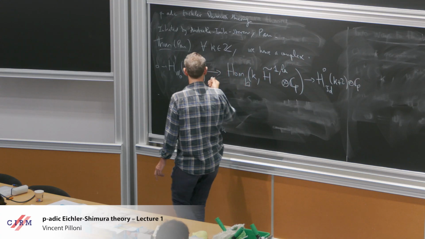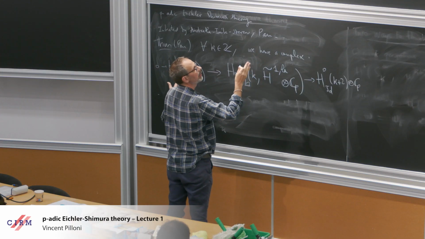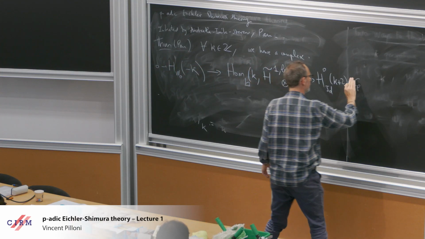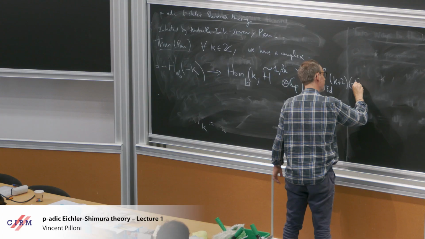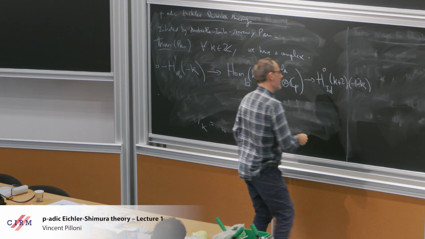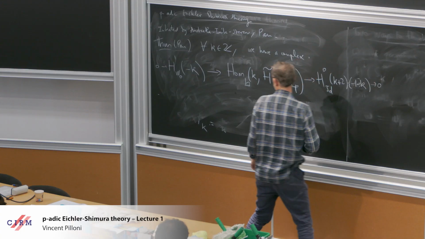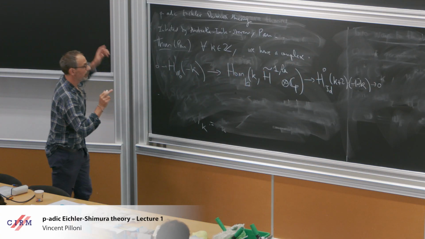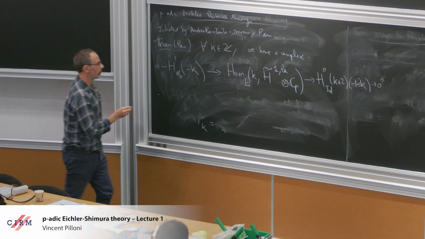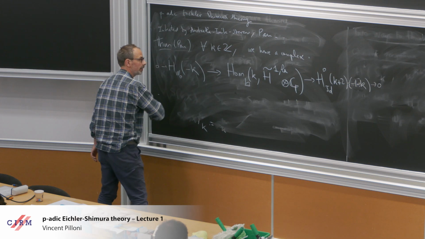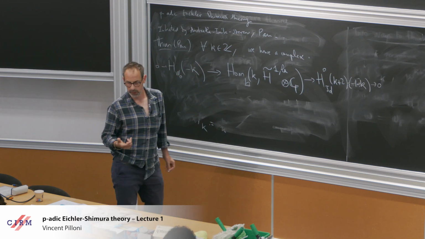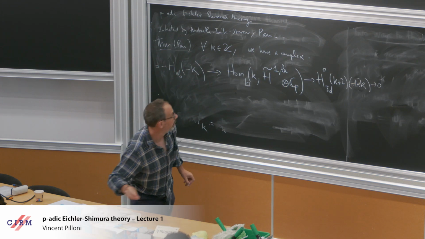Okay, I mean, now everything is defined over C_p anyway, but let me just add the Tate twist, -1 minus k. Okay, so we have such a sequence, such a complex. Maybe I can use colors.